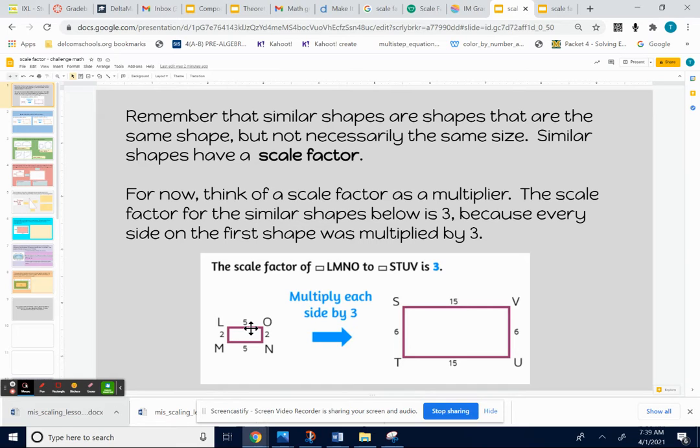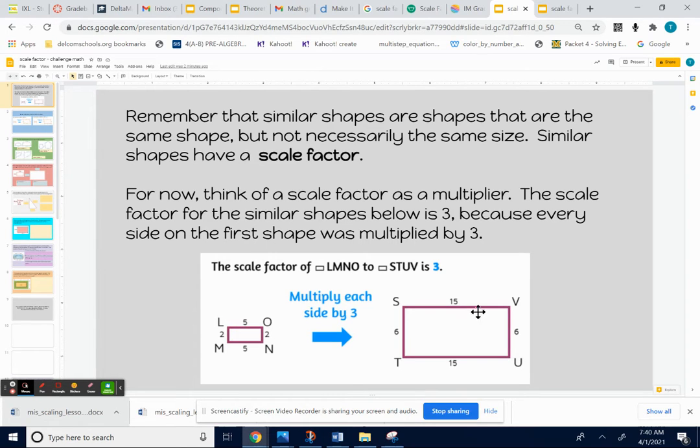Usually it doesn't work out to be a nice easy number like 3. Maybe it was 1.5628. But you're still multiplying every side of one shape to get to another shape. It's always the same number you're multiplying by.